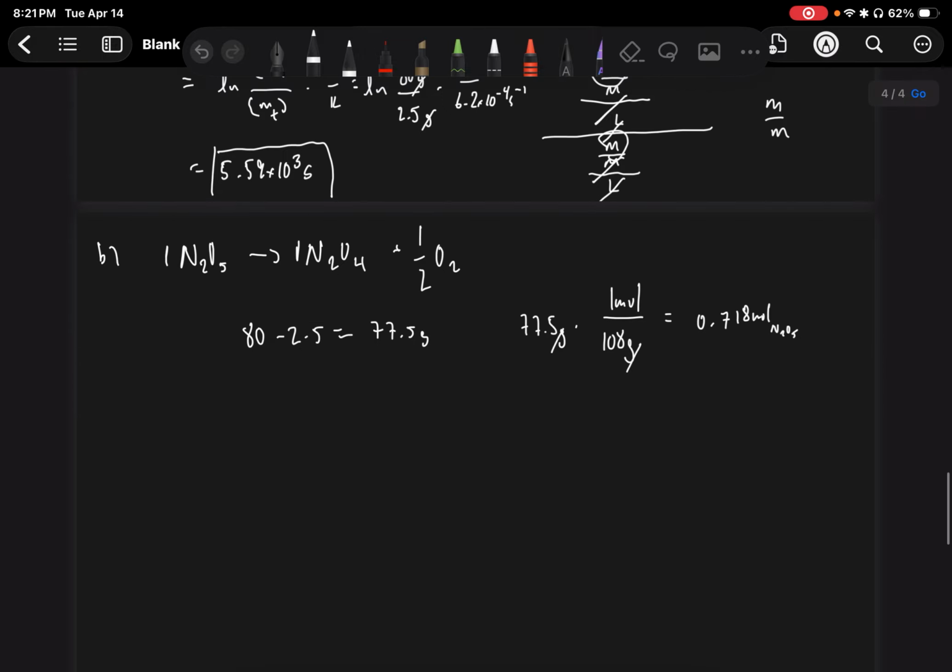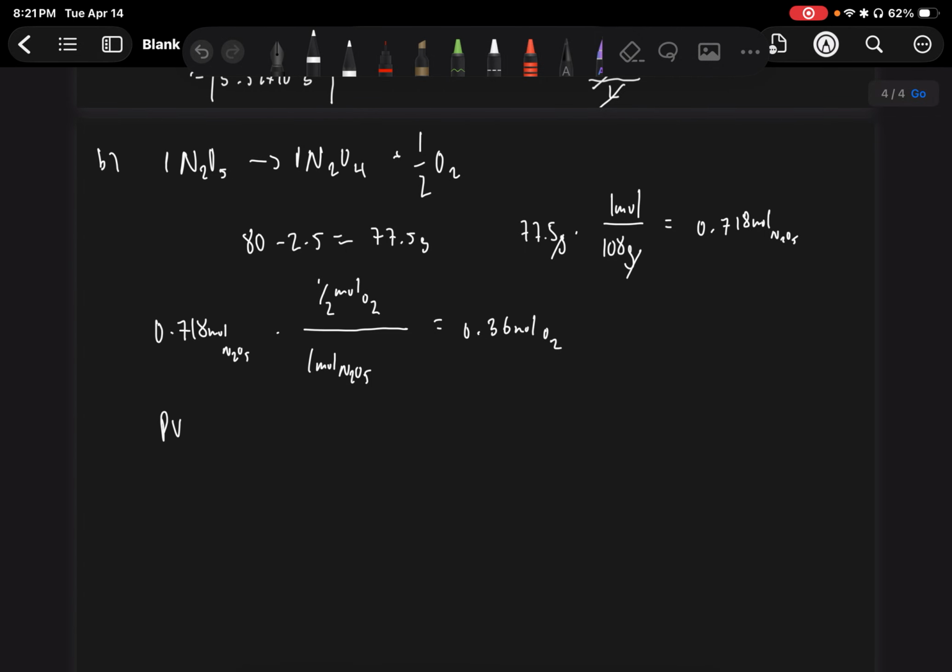Now we just have to match the moles with oxygen. So N2O5 needs to go on the bottom. So we just divide by 2. 0.36 moles of O2.